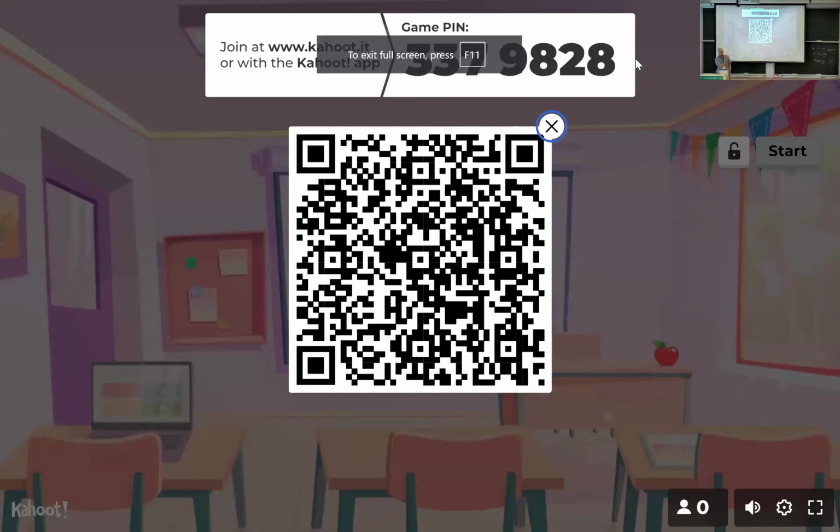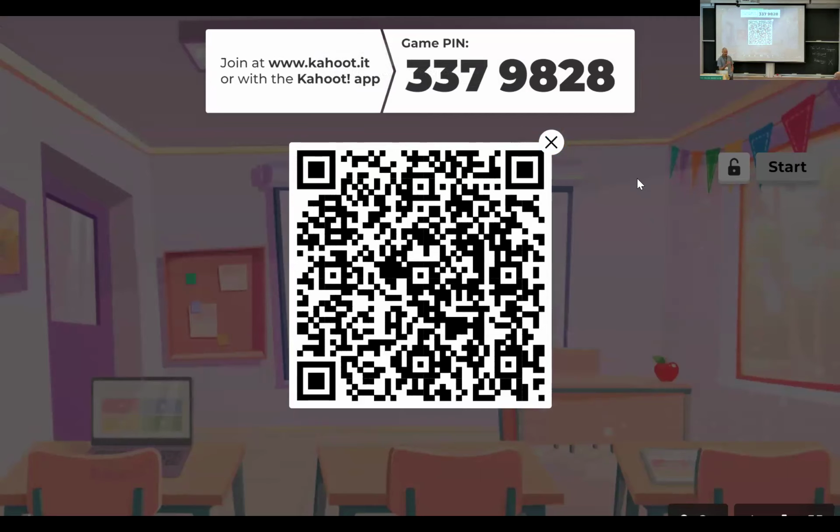All right, you can join the game by scanning this QR code. Hopefully the online participants can also see it. Just scan it with your phone, and there will be multiple choice questions waiting for you.